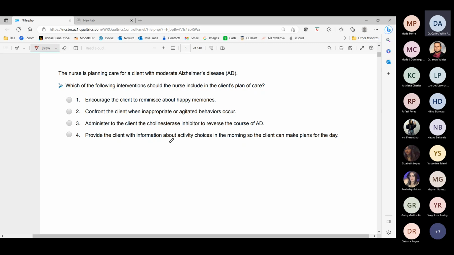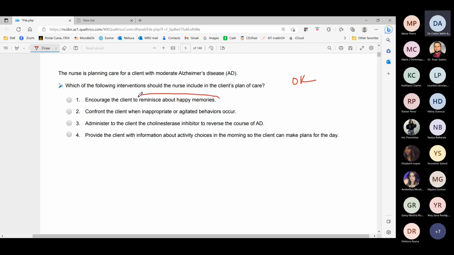Okay, so Alzheimer's. The question is, which of the following interventions should the nurse include in the client's plan of care? So they are asking for one intervention that should be included. We have: encourage the client to reminisce about happy memories.